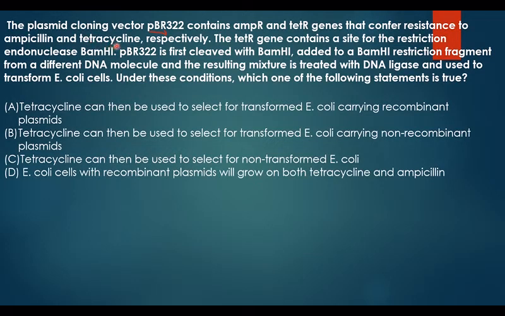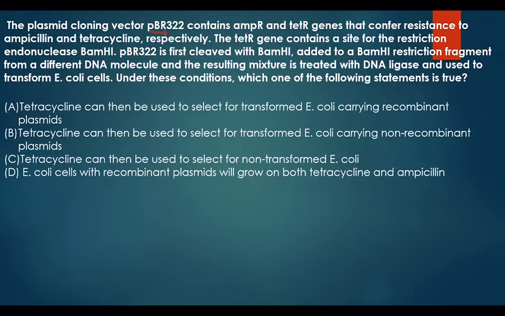The tetracycline resistant gene contains a site for the restriction endonuclease BamHI. Not only BamHI, other sites like SalI etc. are present. Similarly, for the ampicillin resistant gene, PstI and PvuI restriction endonuclease sites are present. So if there is a cut in that site, then this resistant gene will lose its capability to survive in the tetracycline media or ampicillin media.